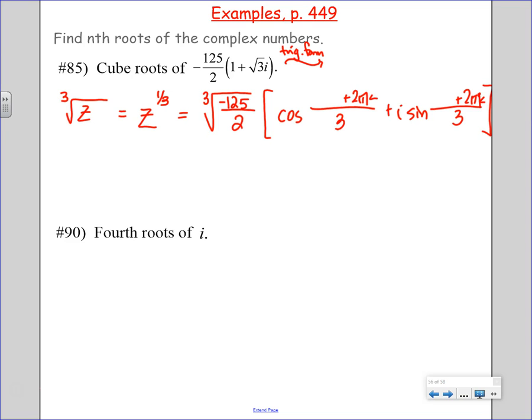If we multiply him in, we could actually rewrite this to be negative 125 over 2 plus negative 125 root 3 over 2 i. That would be our standard form, a plus bi. Right now they have it all pulled out and factored. In order to find our r, we would have to go ahead and do the square root of a squared plus b squared.